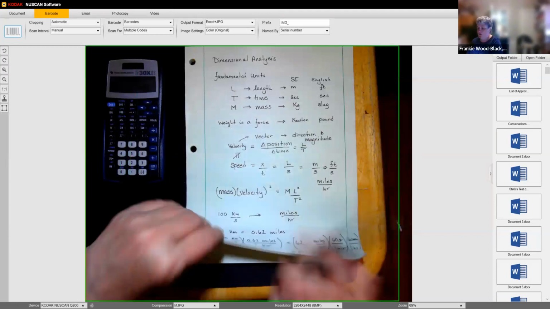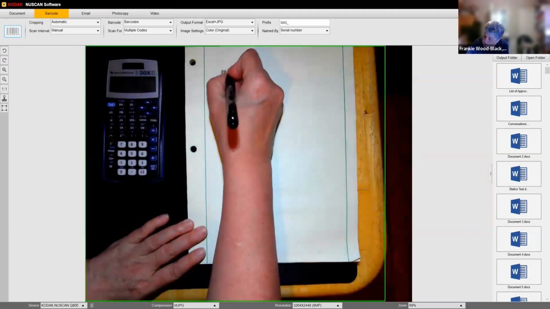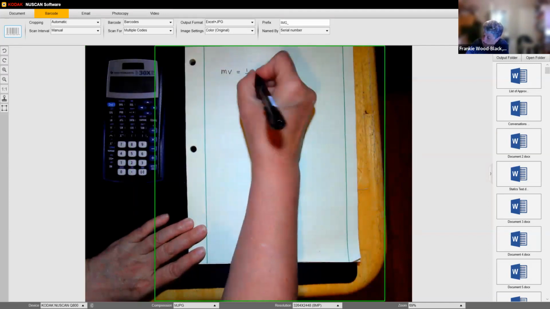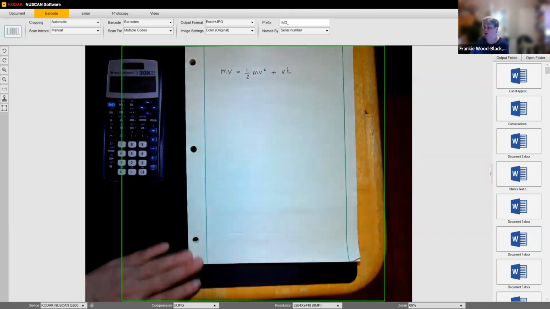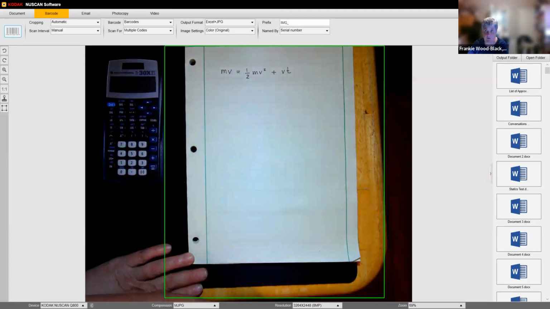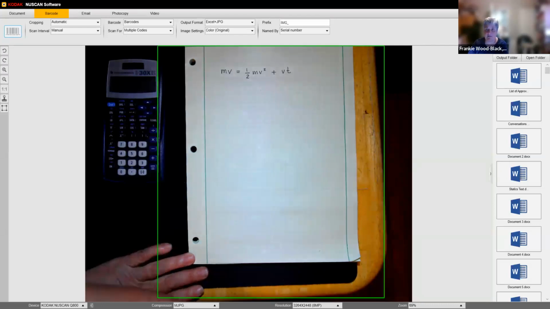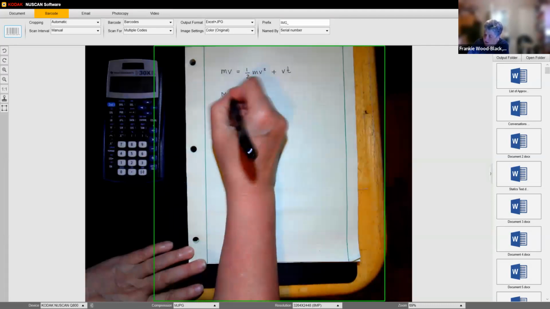So let's look at an equation. This equation has mass times velocity is equal to 1/2 mass times velocity squared plus velocity times time. And we want to know if that's dimensionally correct. Is this an equation that I could actually use and make it dimensionally correct? Well, in this case, I have mass times length divided by time.